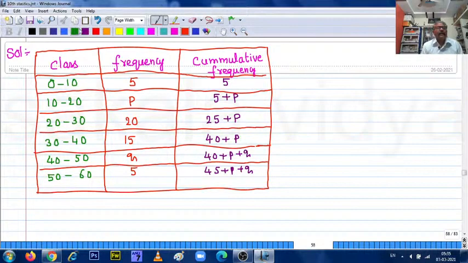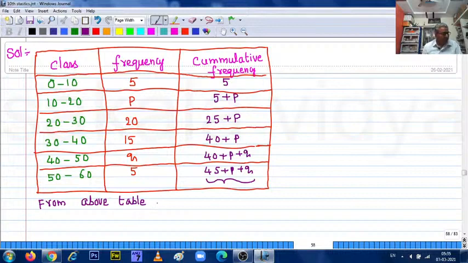So, write down now the solution. From the above table, just observe the last value, this is the total frequency. Total frequency is how much given? That is 60 is given.